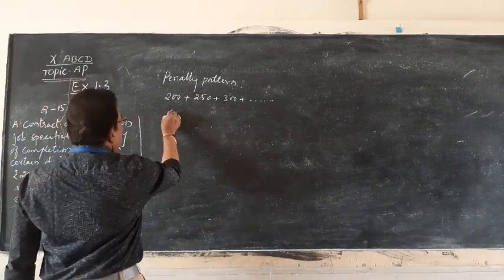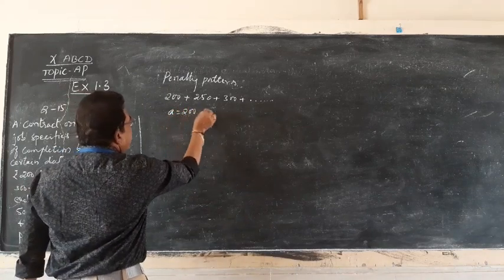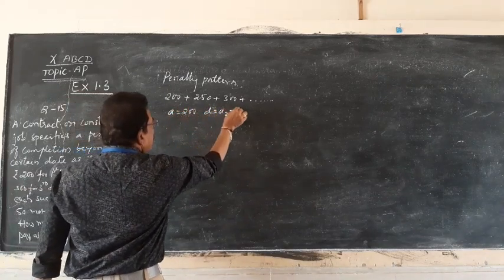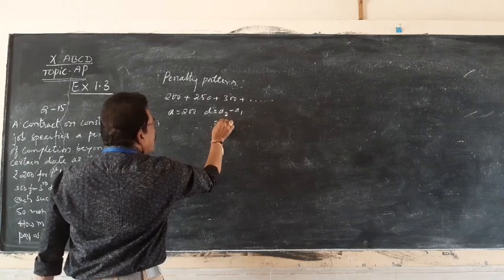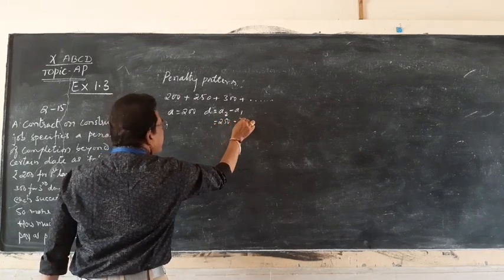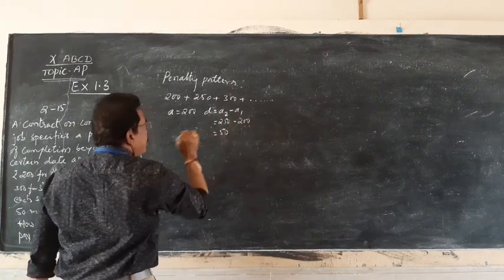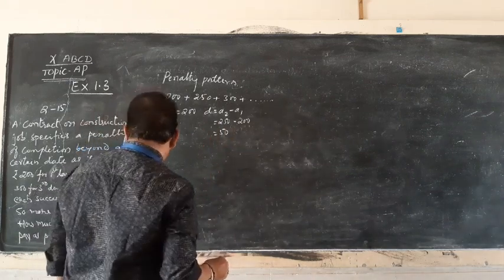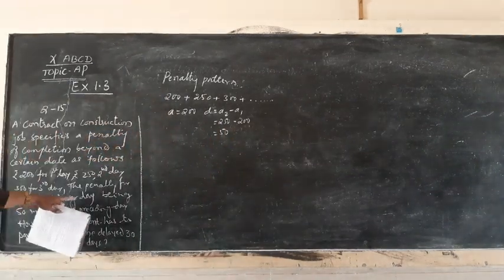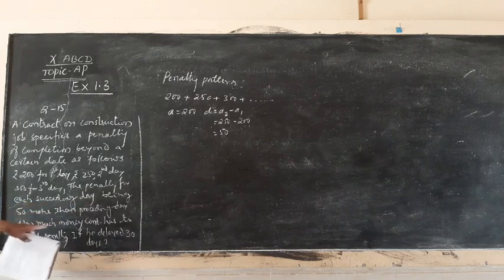So A equals 200, D equals A2 minus A1, 250 minus 200, that is 50. The penalty for each succeeding day is 50 more than the preceding day.